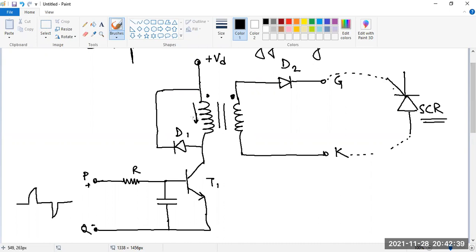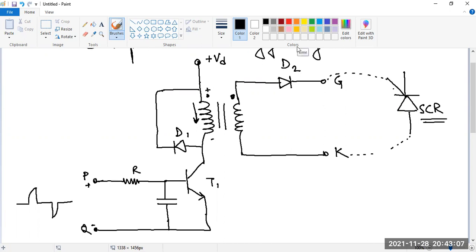Now, once there is a current flow, in that your this D1 will be turned off or reverse bias, and the polarity is like this because the current flows in it, the inductor will be acting as a load. But once we have a negative pulse across the PQ, then what will happen?